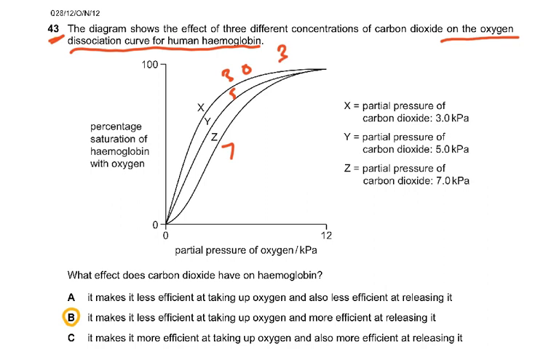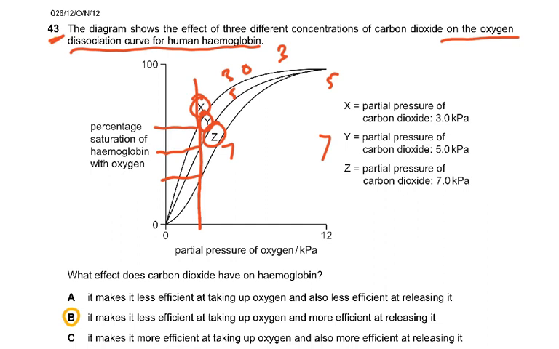So 3, 5, and 7. Now always I tell you to draw a line and see what is happening. So at 7 it is the least percentage saturated. At 5 it is a little better, and then at X it is more saturated.